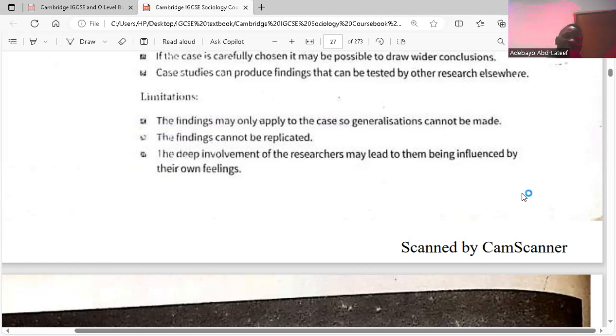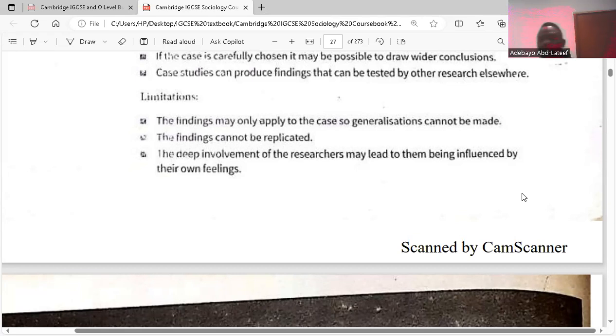As soon as you are deeply involved in it, you might be influenced by your own feelings. Oh, this happens. Now you have feeling for that individual. You feel emotional for that individual. Then you might be influenced to give analysis based on how you have become emotionally attached. It becomes invalid because you become subjective.